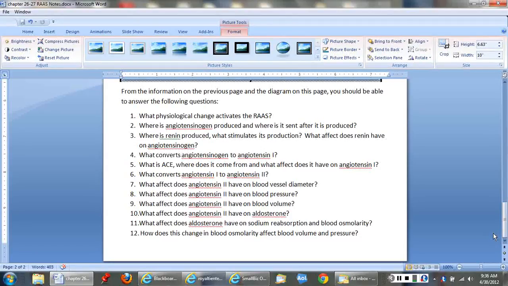So really it goes back to what you all learned about solutions in Biology 103. A solution is made up of two parts, two components, right? The what? Solute and solvent. Okay? So osmolarity has to do with how much solute you have dissolved in that solvent.